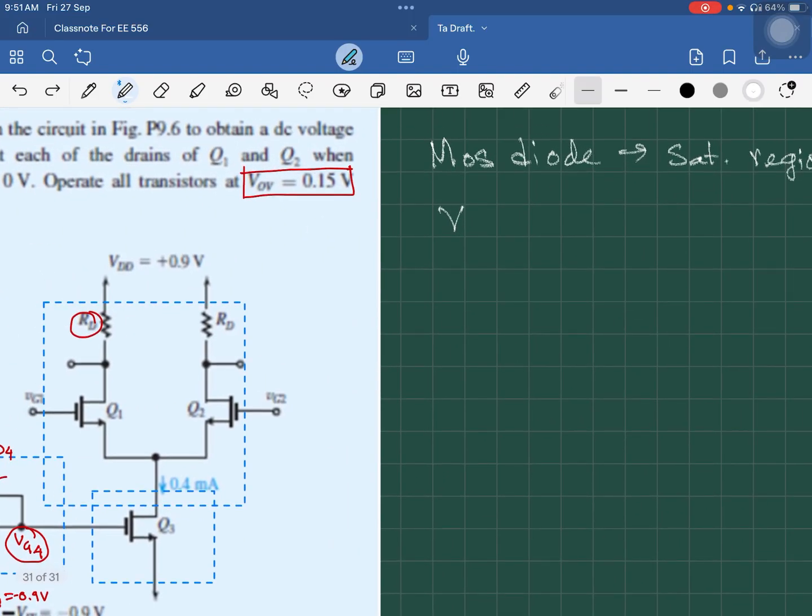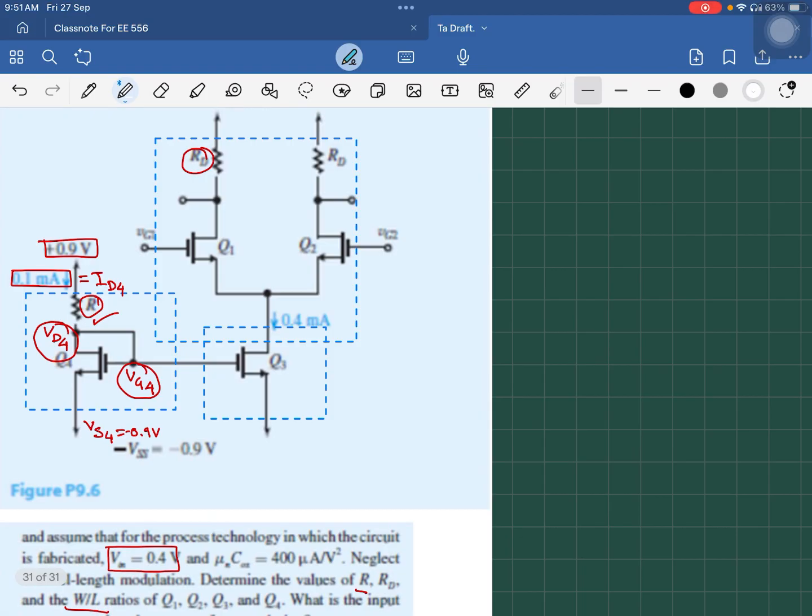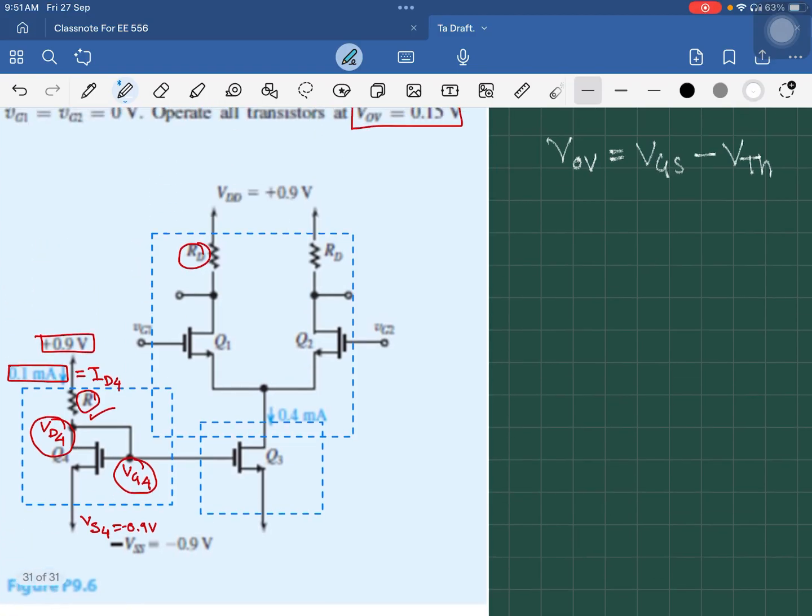Now we directly know that V overdrive equals VGS minus V threshold, and we also know that VS is minus 0.9.